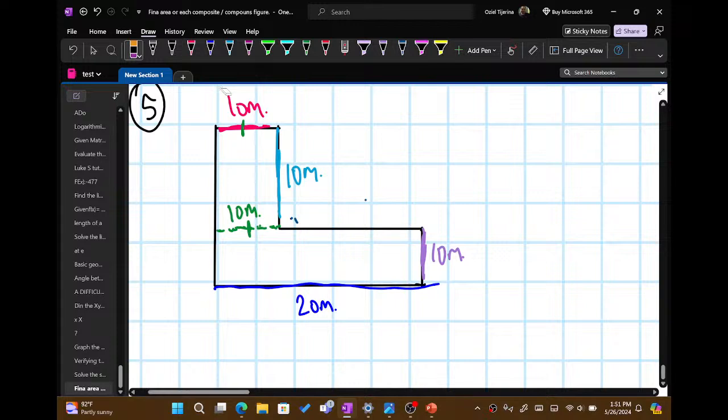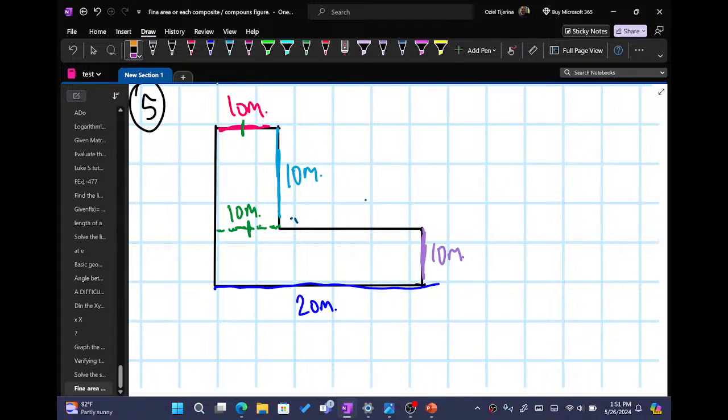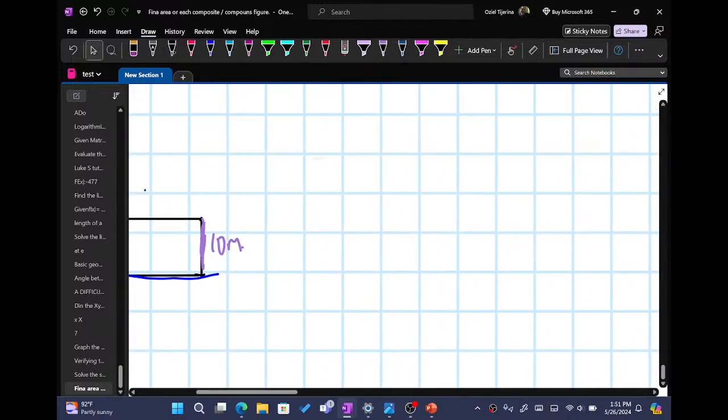Never mind. Unless it asks you to solve for that length, right? We don't need this at all. I'm making it more complicated than I need to. But really, we just want to know that this has that composite shape right there. So we're dealing with two rectangles.